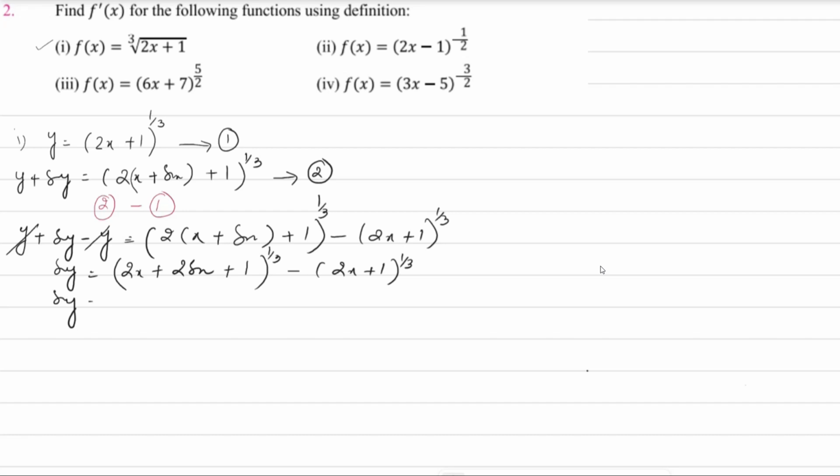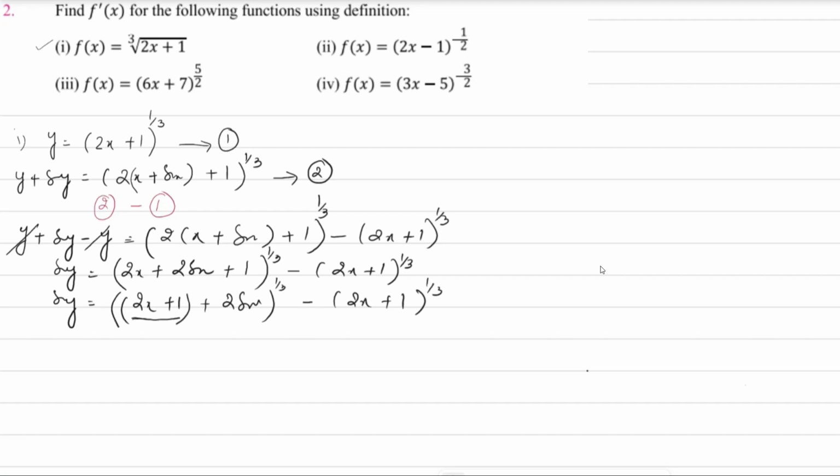So delta y is equal to, we can write down, 2x plus 1 plus 2 delta x whole raised to the power 1 upon 3 minus 2x plus 1 whole raised to the power 1 upon 3.